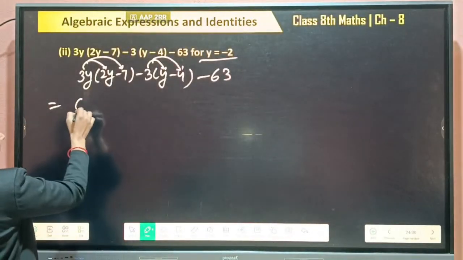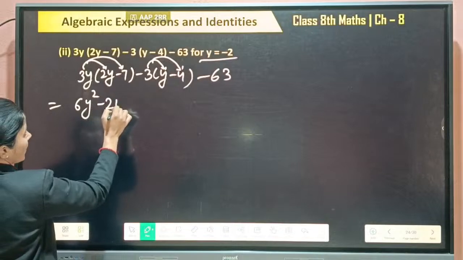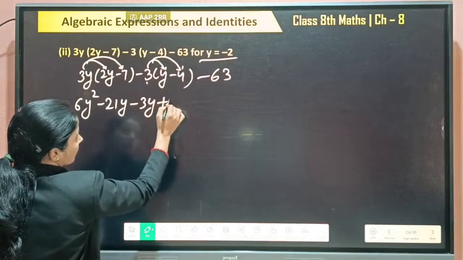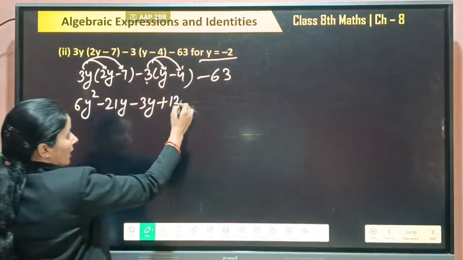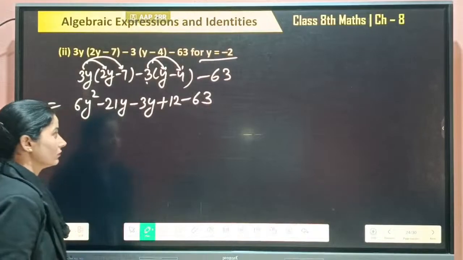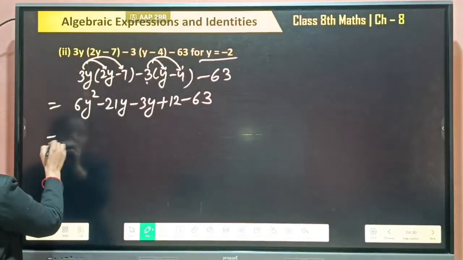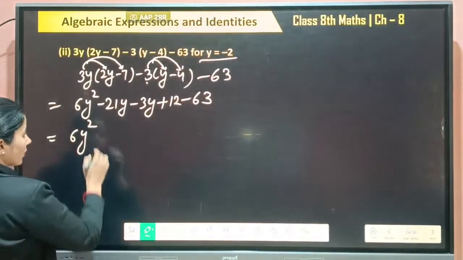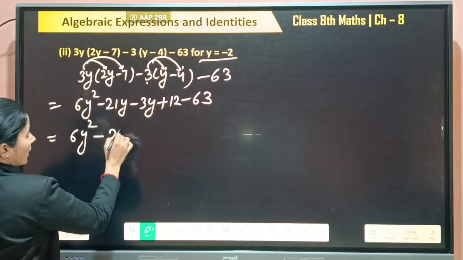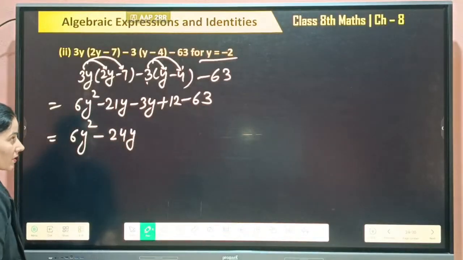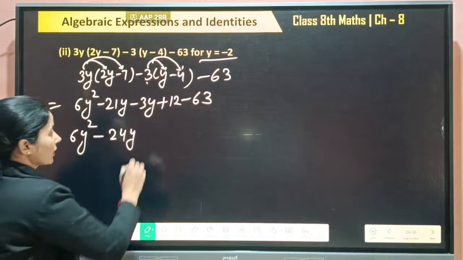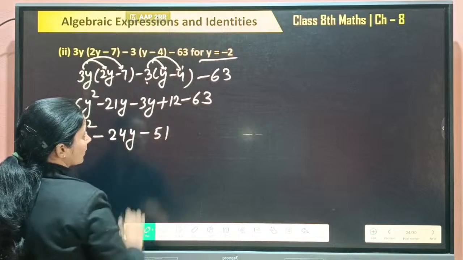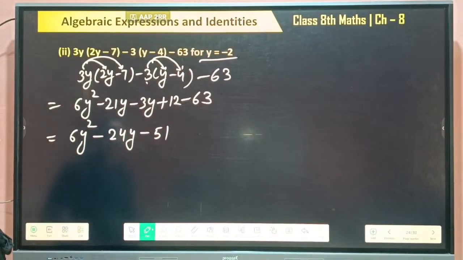So it will be 6y squared minus 21y minus 3y, minus minus plus, 3 fours are 12, minus 63. So it will be 6y raised to power 2 minus 24y, and minus 63 plus 12, which will be minus 51.